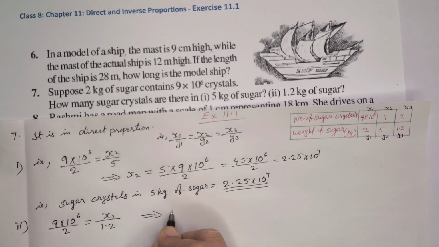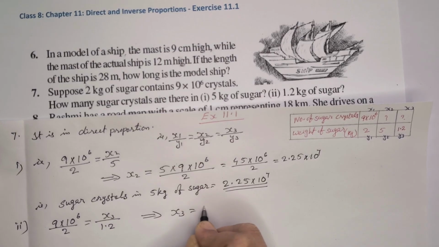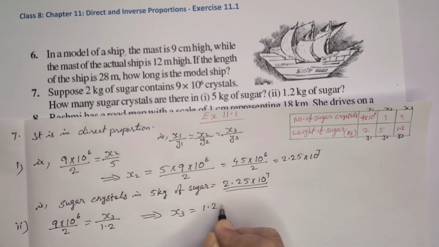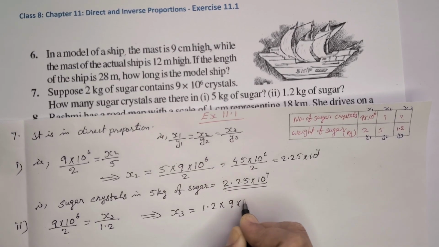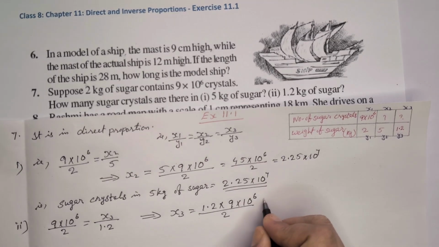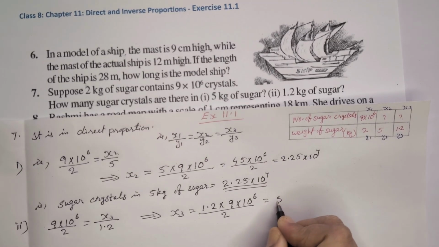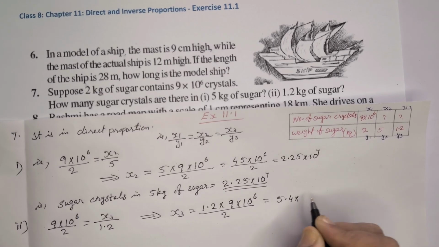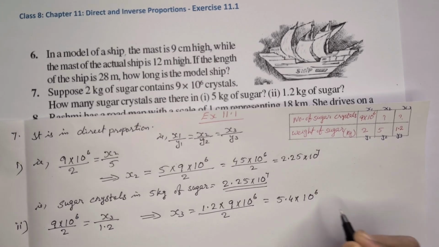From that, x3 is equal to 1.2 into 9 into 10 raised to 6 divided by 2, and that is equal, after calculation, to 5.4 into 10 raised to 6.